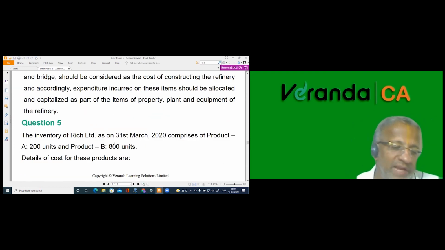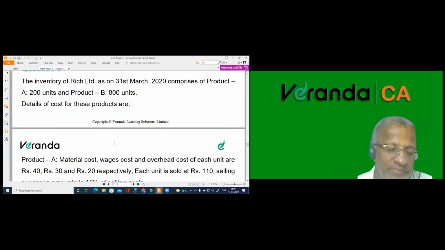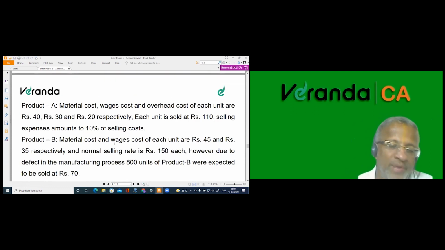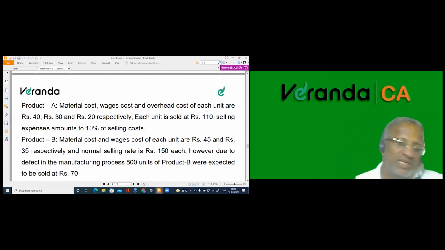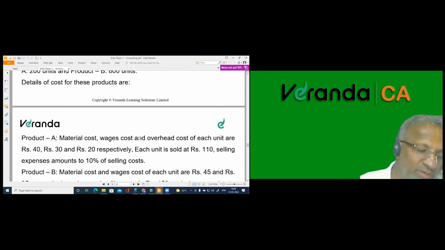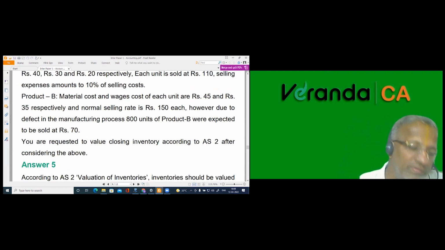That is a price less than the cost of 80. So 70 is lesser than 80, and product B has to be taken at NRV. So 70 multiplied by 800, the answer is 56,000. That is the way we take it up.